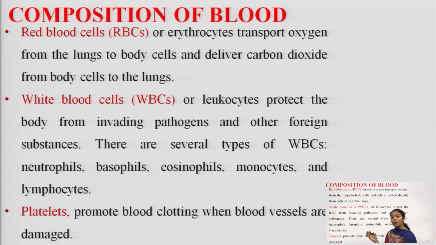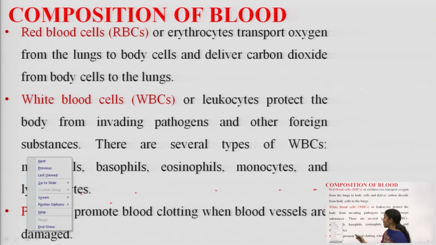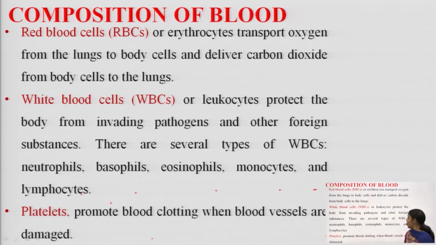They protect the body from invading pathogens and other foreign substances. They protect us from many diseases. There are several types of WBCs: the neutrophils, basophils, eosinophils, monocytes and lymphocytes. Now come to the platelets. Platelets promote blood clotting when blood vessels are damaged.